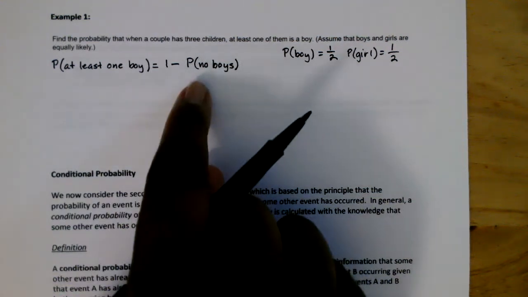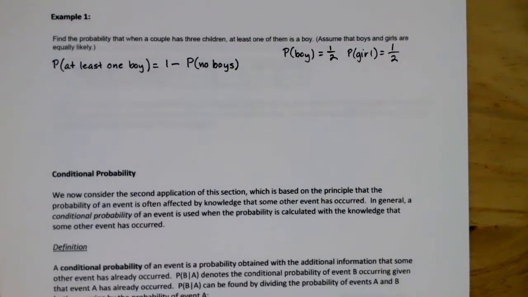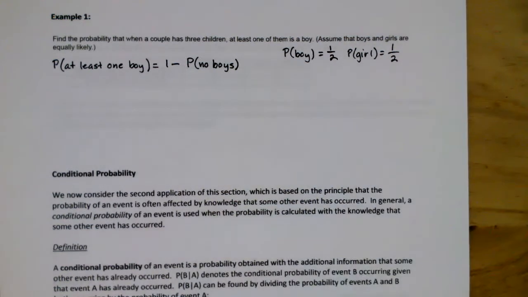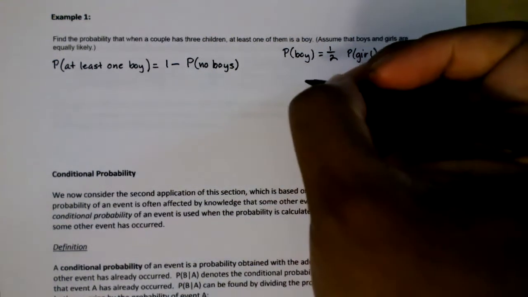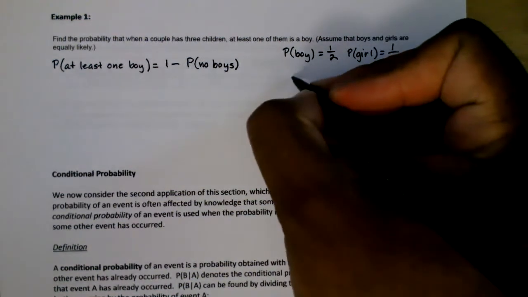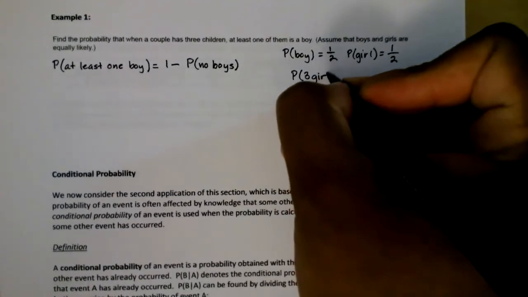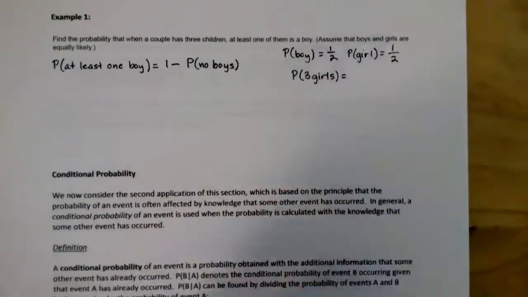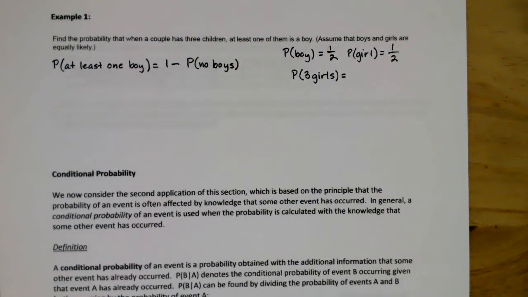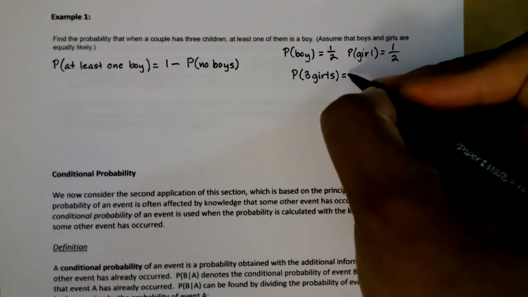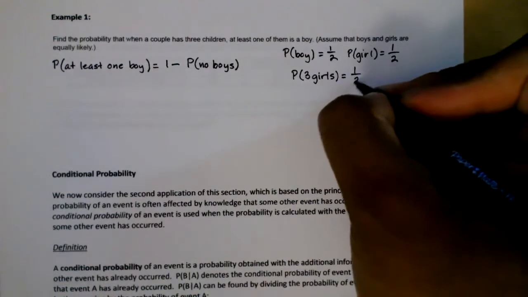Now let's think of this. The probability of no boys is the same as the probability of getting a girl. Okay, so now we're dealing with 3 children. Let's find the probability of getting 3 girls, because that's equivalent to the probability of no boys. So the probability of getting a girl for the first child is 1/2.